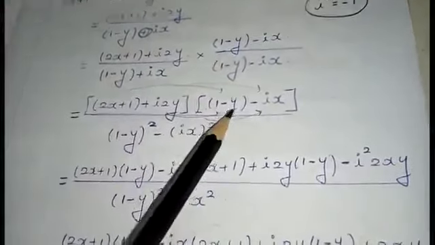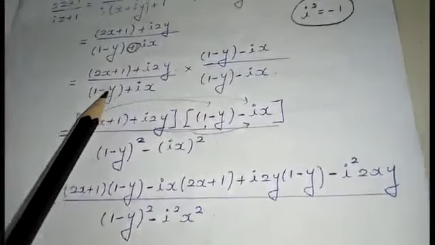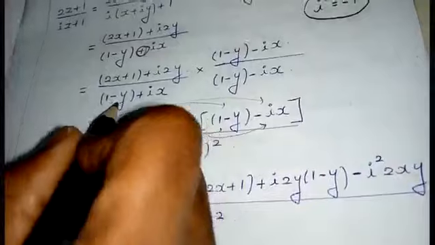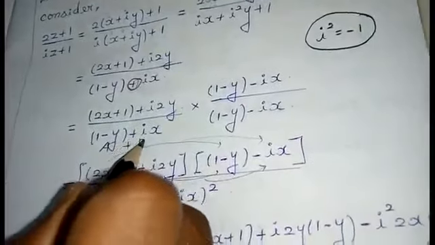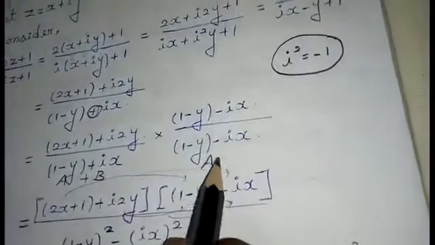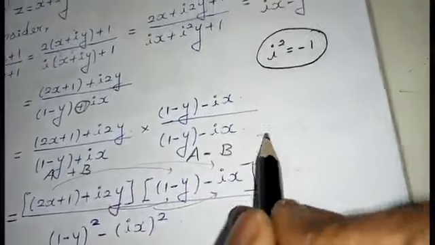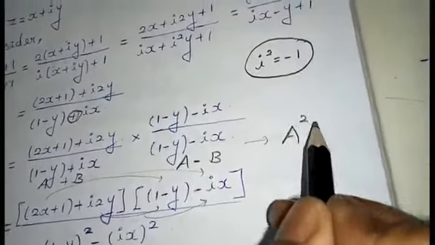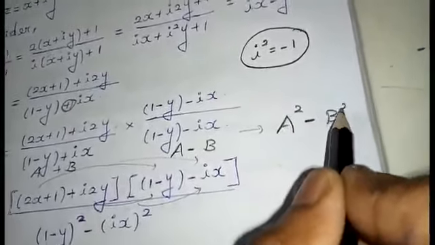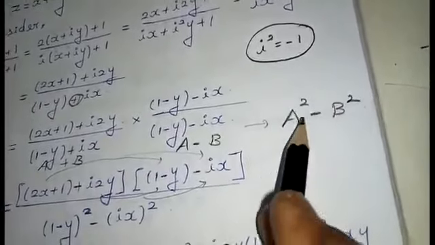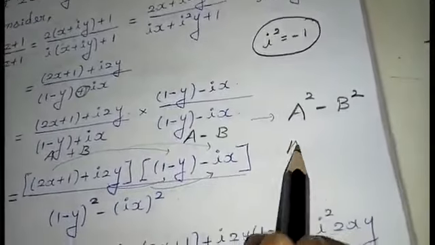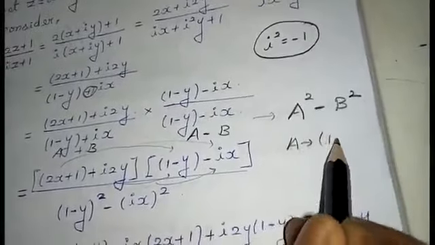Simplify the terms. The denominator, if you see, I am having in this form: a plus b into a minus b can be written as a square minus b square. That is the algebraic formula, a square minus b square. In place of a, I am having 1 minus y.